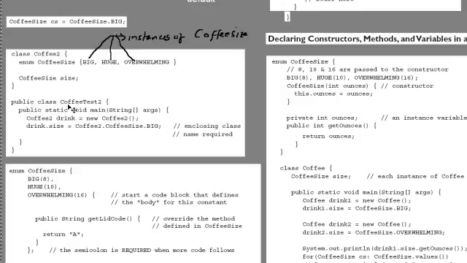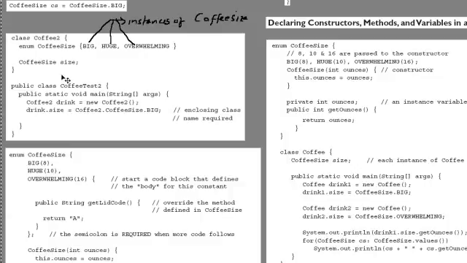Within another class CoffeeTest2, I create an instance of Coffee2, and now since drink can access size, I'm assigning a value from the enum to the variable size. So I'm saying drink.size is equal to.